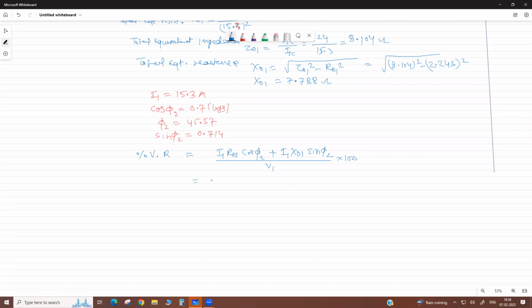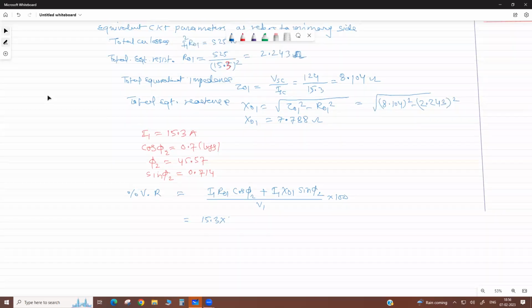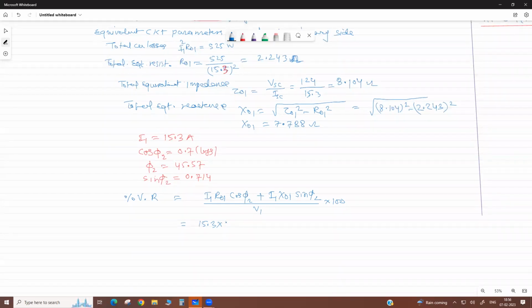Correct? So you know this I1 is 15.3 into R01, please remember, R01 is 2.24, cos phi is 0.7, plus 15.3 into X01, which is 7.788, into sin phi 2, 0.714.